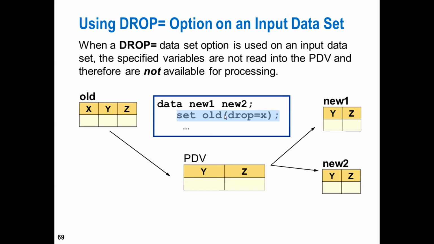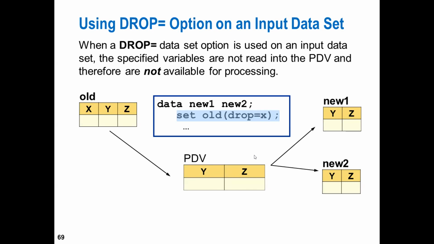And of course, you may get a technical question on the syntax where you are selecting variables from an input data set. You write the drop equal to data set option in your set statement. So when you are selecting variables to be dropped, it is not selected while creating the PDV itself. Hence, that variable is also not available in the PDV for processing.